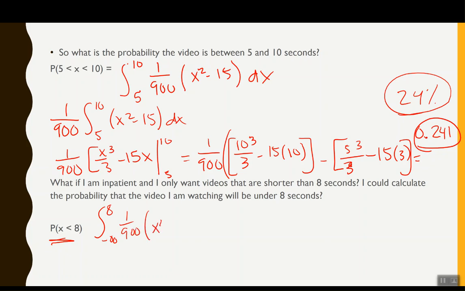But remember, in this problem, we have bounds on what our x value could be. So we can't use negative infinity because we said that TikTok videos can only be between 0 and 15 seconds. So our lower bound here is going to be 0 because that's the shortest amount our video could be. So just like before, now I'm going to take the integral from 0 to 8.